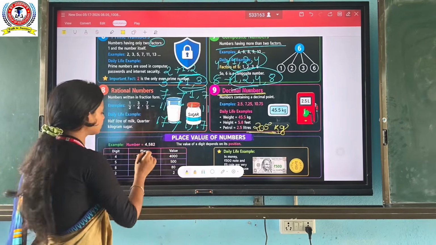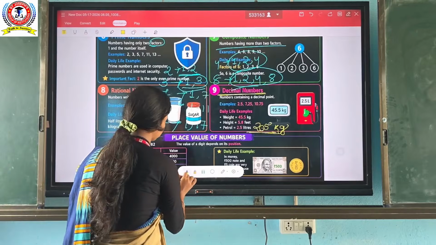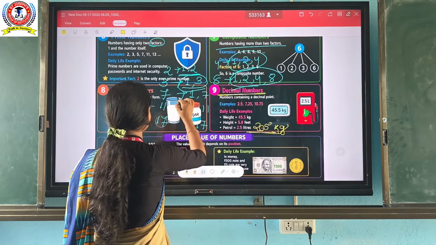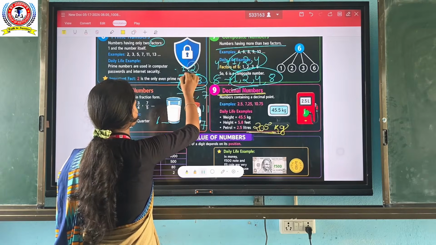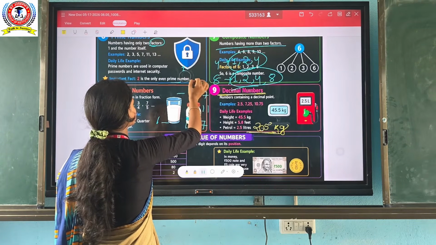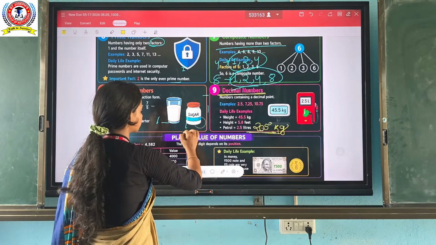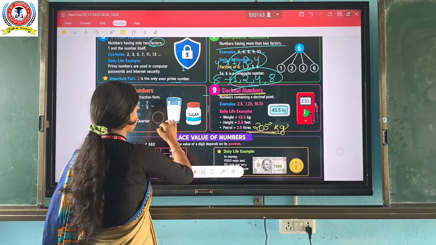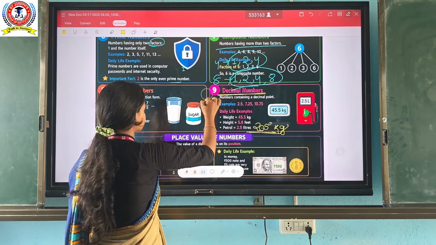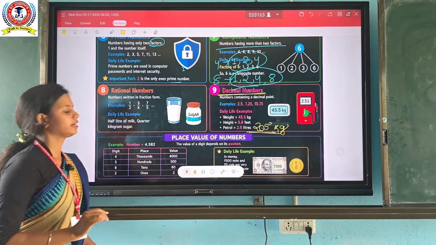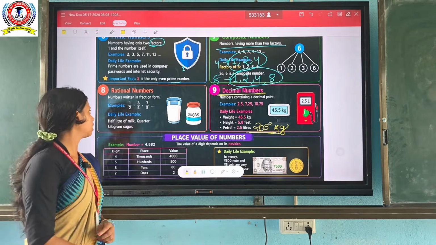So our next number type is rational numbers. What is a rational number?